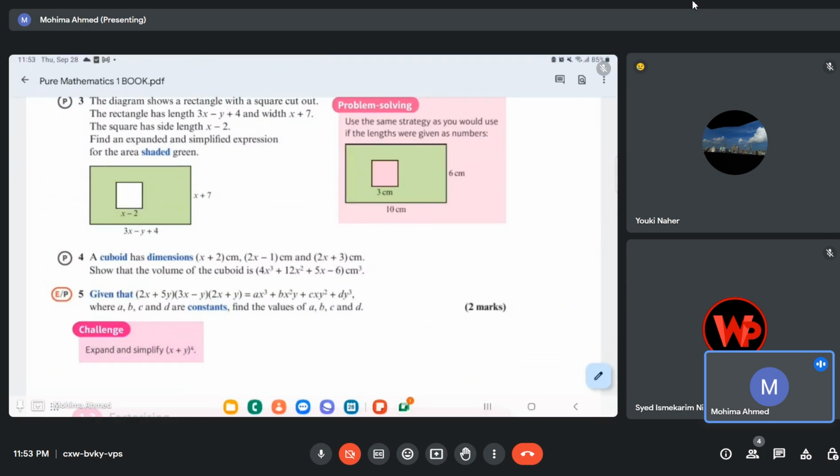So can you all now please try to do question 5? And same process, you do the maths, take a picture, and send it to me on my WhatsApp or Messenger.